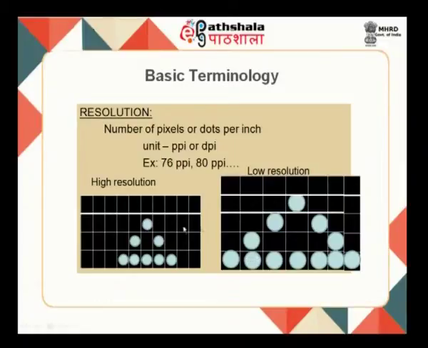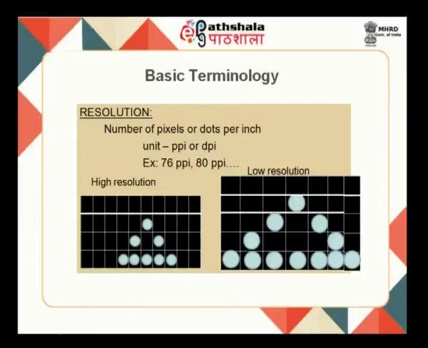Your printer resolutions are far higher than the monitor resolutions. For example, your printer resolutions are 2000 dots per inch, and even higher resolutions are available for printers. Whereas for display devices, resolutions are generally like 76 ppi, 80 ppi and so on. So, that is 80 pixels per inch.